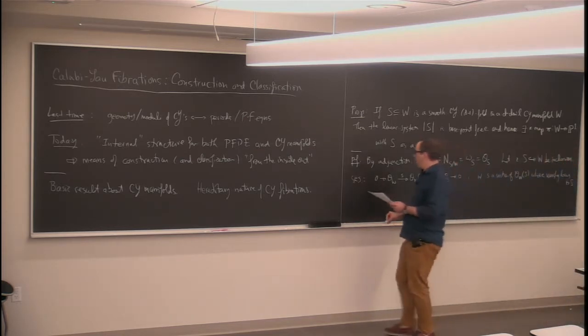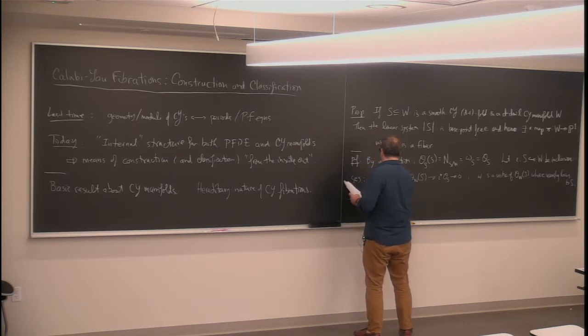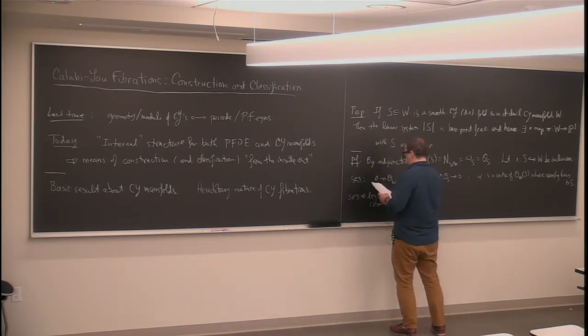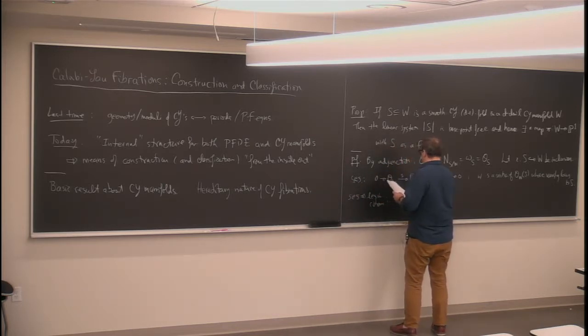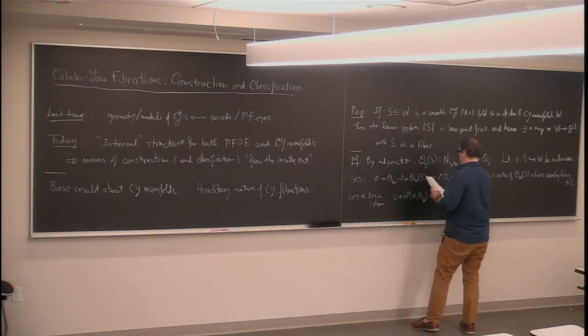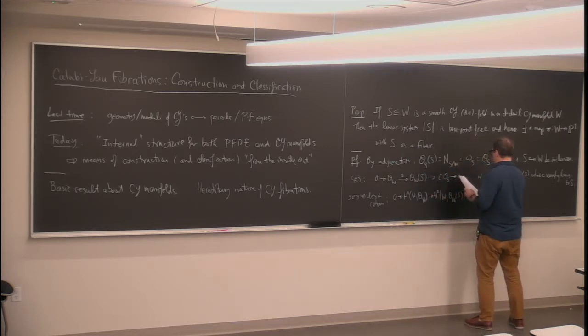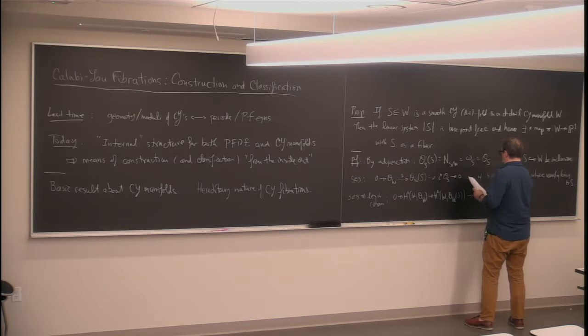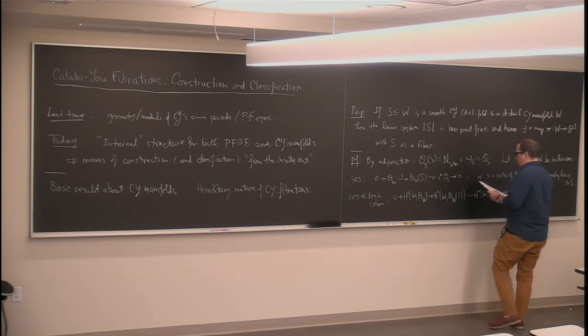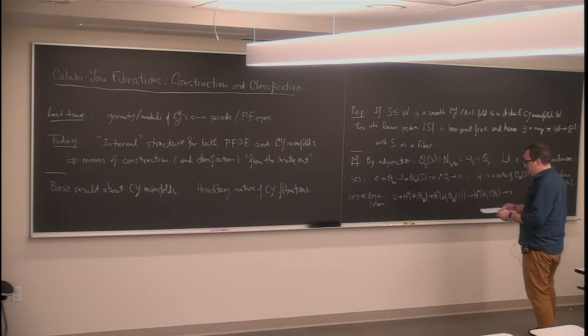Okay. So the short exact sequence gives rise to a long exact sequence in cohomology: 0 goes to H0(W, O_W), goes to H0(W, O_W(S)), goes to H0(W, iota upper star O_S), goes to 0. And the vanishing of H1(W, O_W) follows from the Calabi-Yau property of W. Okay?